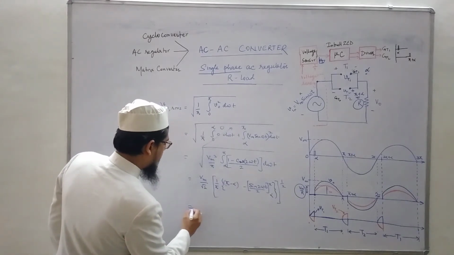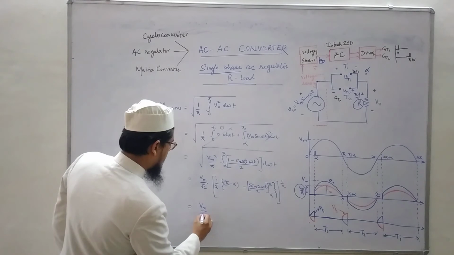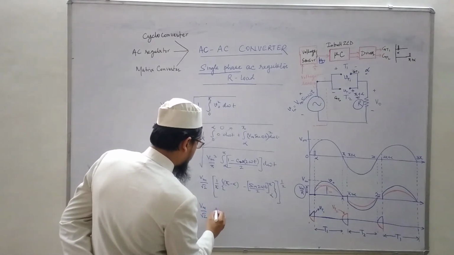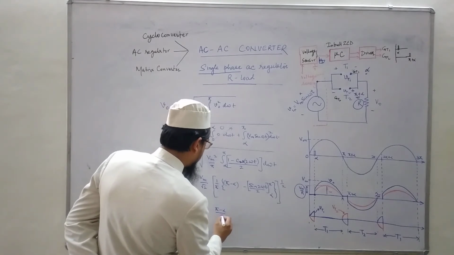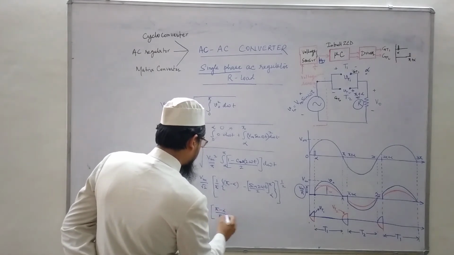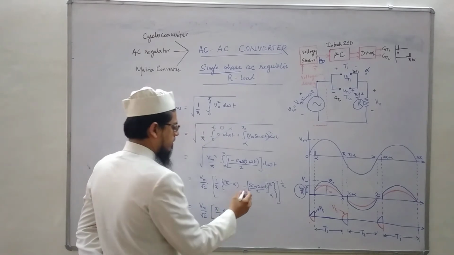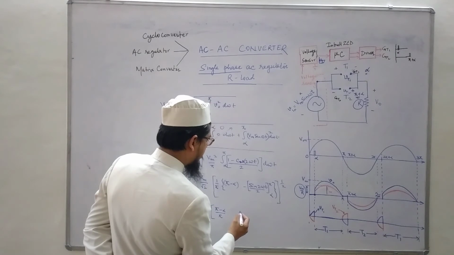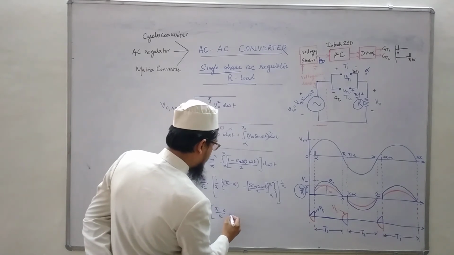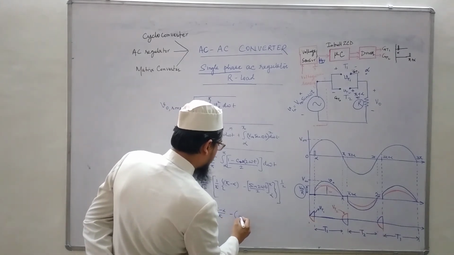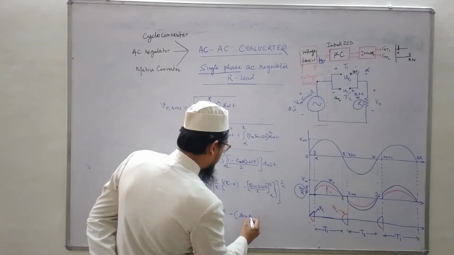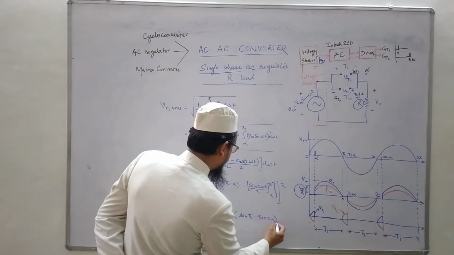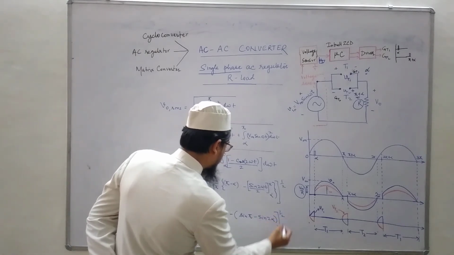So this is equal to Vm by root 2 times pi minus alpha by pi, minus of sine 2 pi minus sine 2 alpha, and power half.